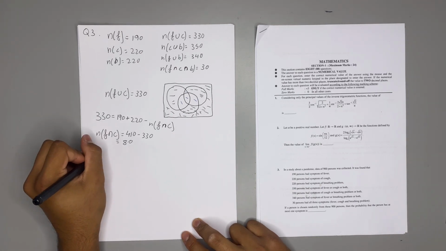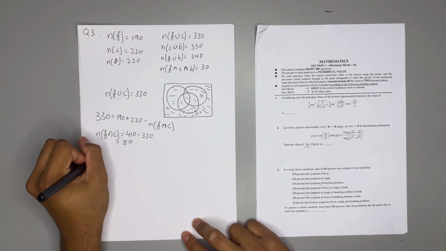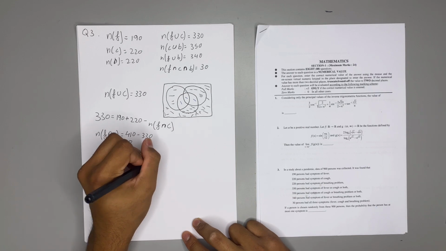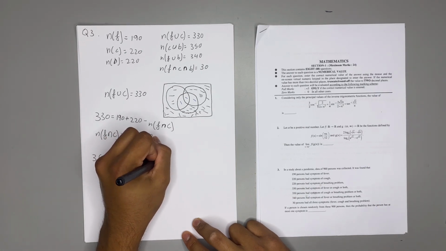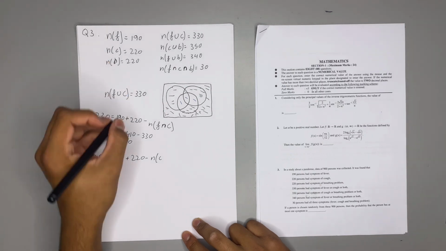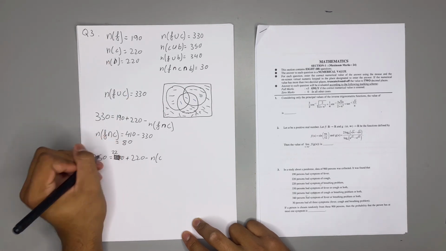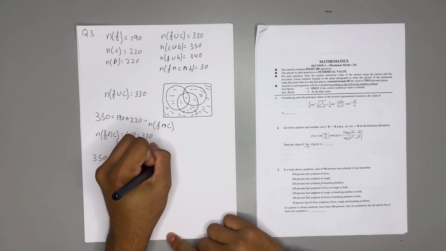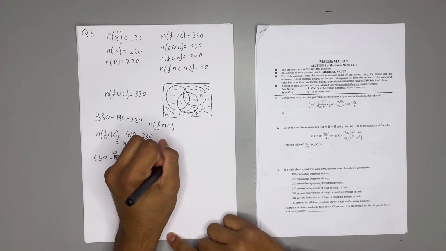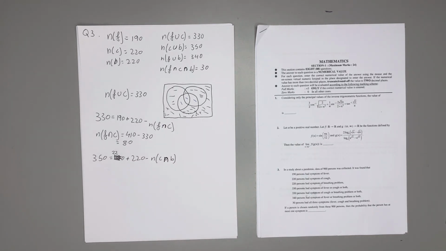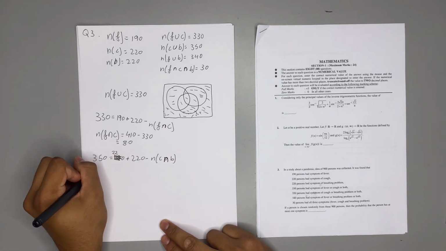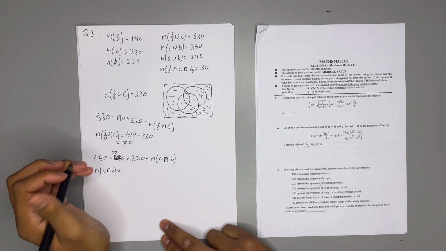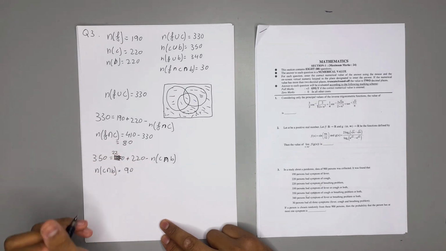Similarly, let's do it for cough or breathing. We know that is going to be 350, equals cough, sorry, not 190, that's going to be 220, my bad. It's going to be 220 plus 220 minus N of C and B. Rearranging this, we then get 440 minus 350 is 90.